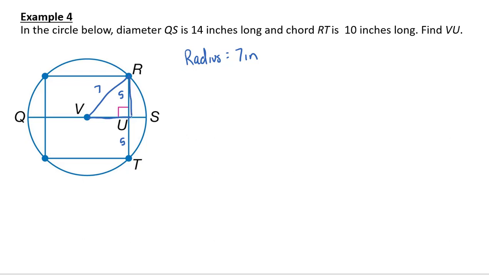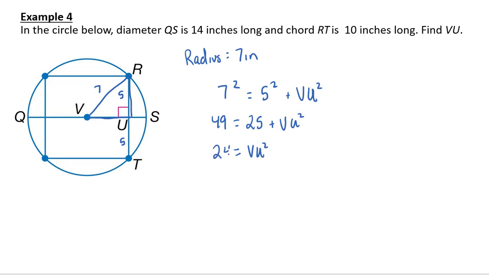Well, I have a right triangle. So the hypotenuse squared is equal to one leg squared plus the other leg squared. So I have 49 is equal to 25 plus VU squared. VU squared is equal to 24.